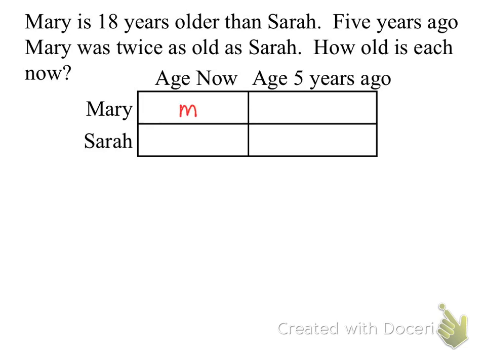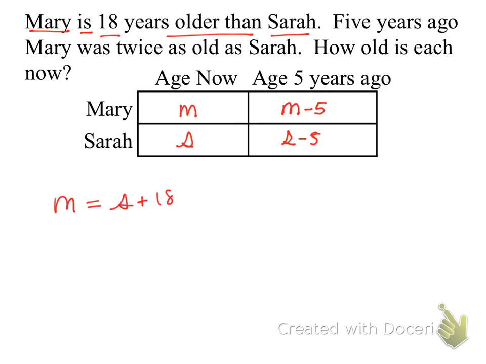M. What are we calling Sarah now? S. I use a hand because my S's and 5s look the same. What do I call Mary 5 years ago? M minus 5. Good. And Sarah? S minus 5. Okay. So now Mary is 18 older than Sarah. What's that equation? M equals S plus 18.